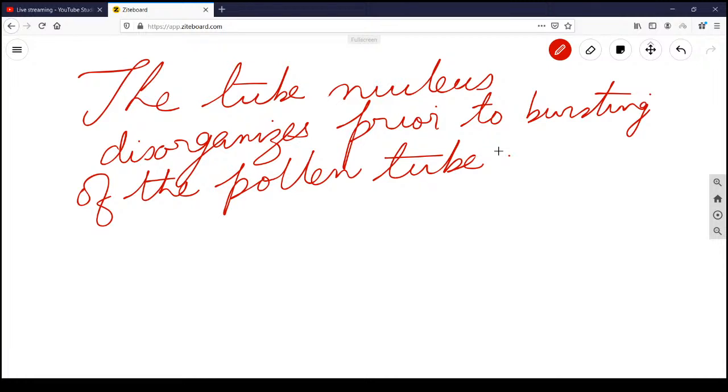Now, one of the male gametes fuses with the egg cell or oosphere.